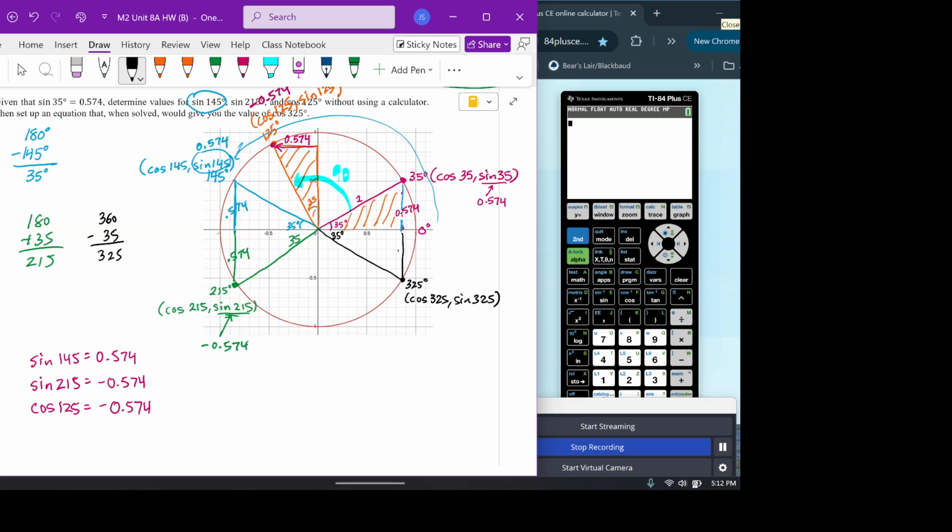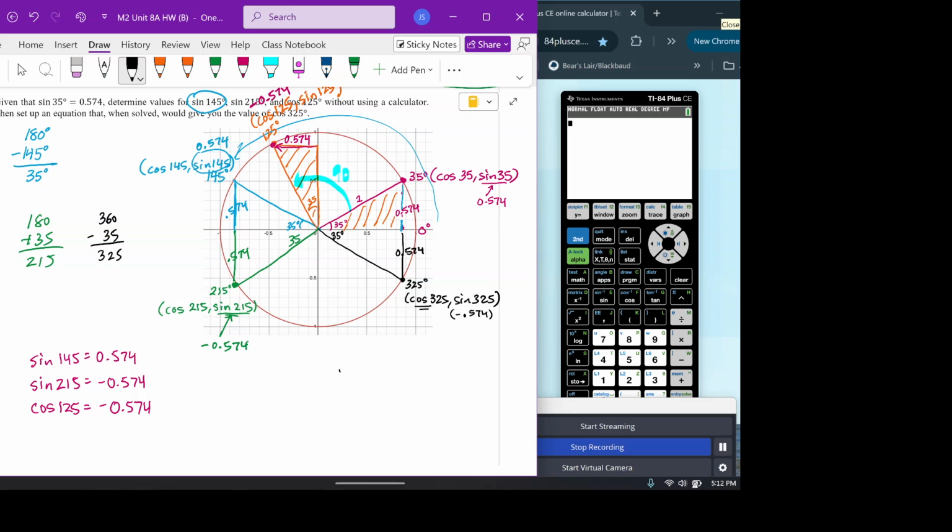Then this part will be 0.574, which means the y value right here will be negative 0.574, because it's down below the x-axis. And we need to figure out what the cosine value is.